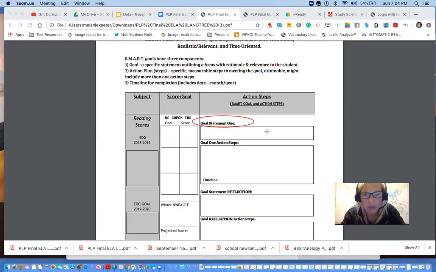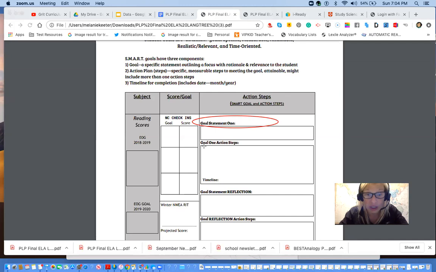Goal statement 1. All right, so it has to be SMART. That means it is specific, it is measurable, it's attainable, it's relevant, and it has a timetable with it, okay? So maybe my goal statement is that I am going to grow from a level 3 to a level 4 on the EOG by the end of the year, okay?